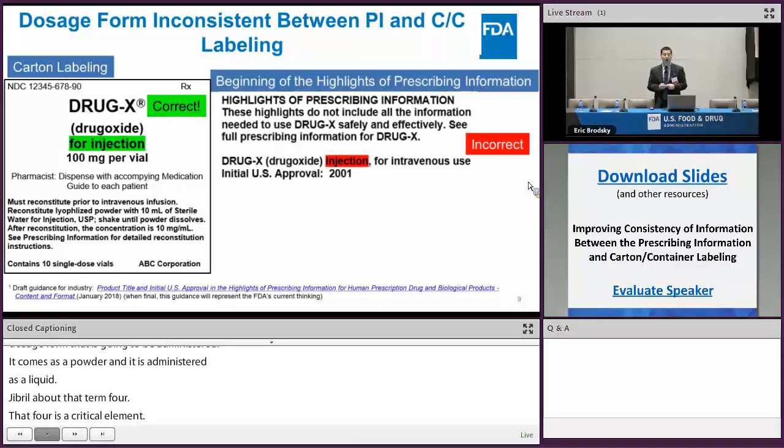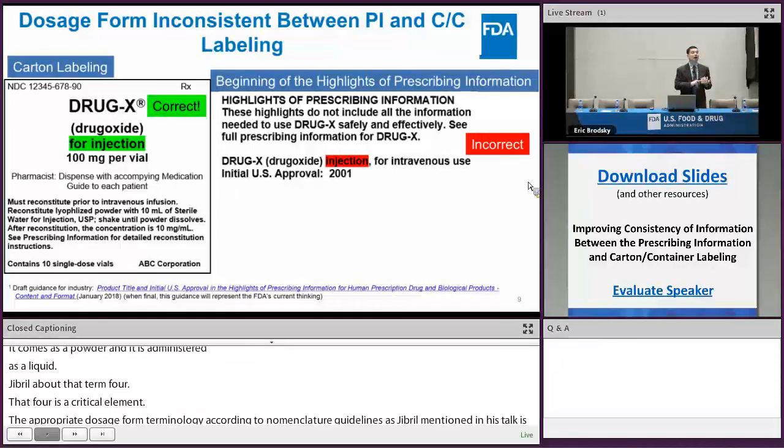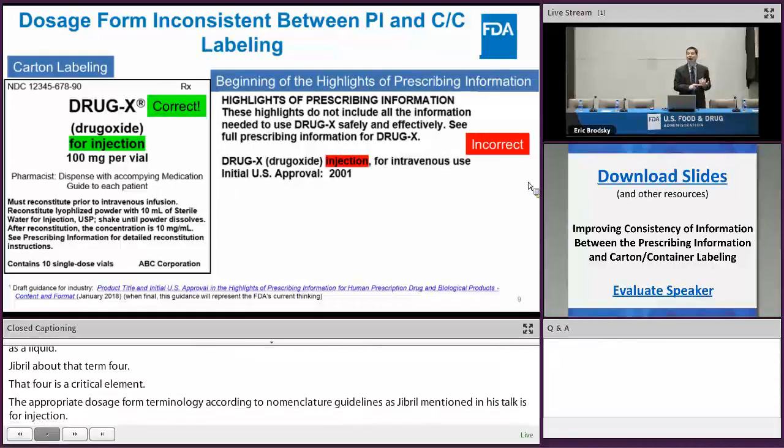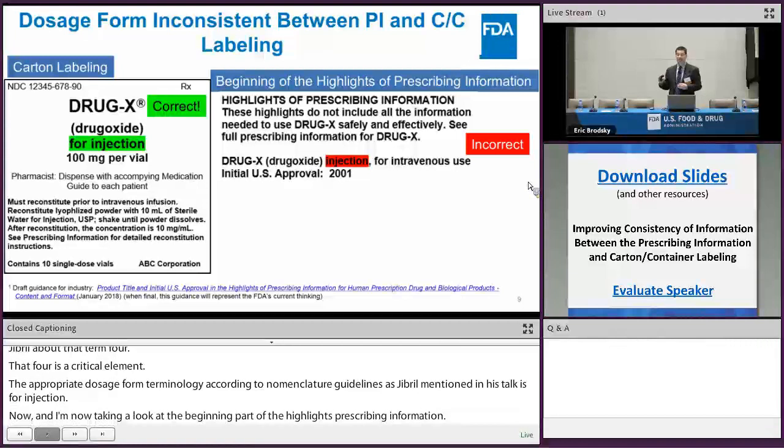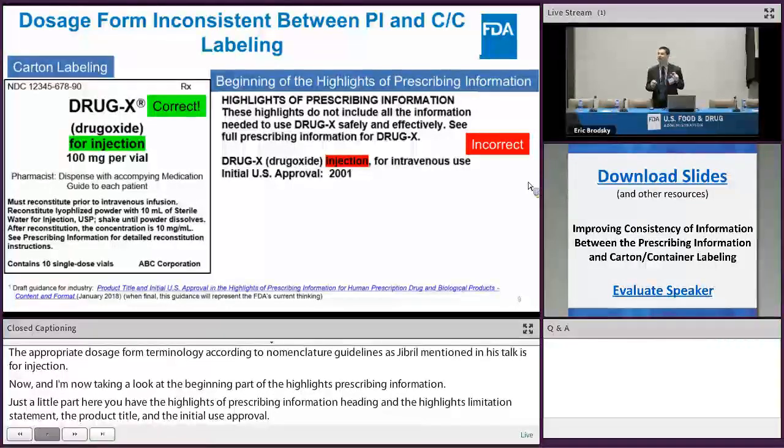Now you're taking a look at the beginning part of the highlights of prescribing information, just a little part. Here you have the highlights of prescribing information heading, then the highlights limitation statement, the product title, and the initial US approval. And I highlighted in red the dosage form, and it says "injection."